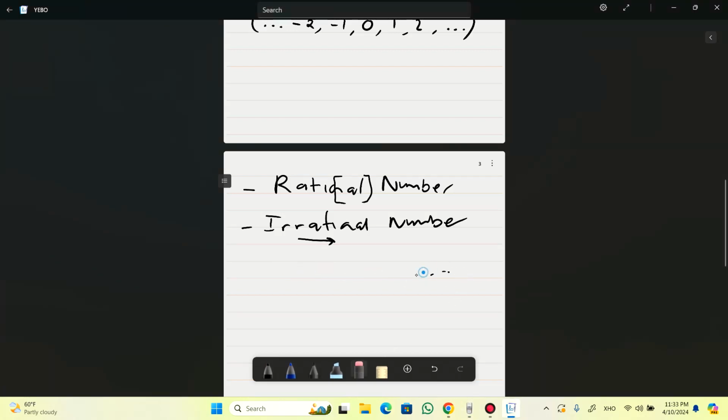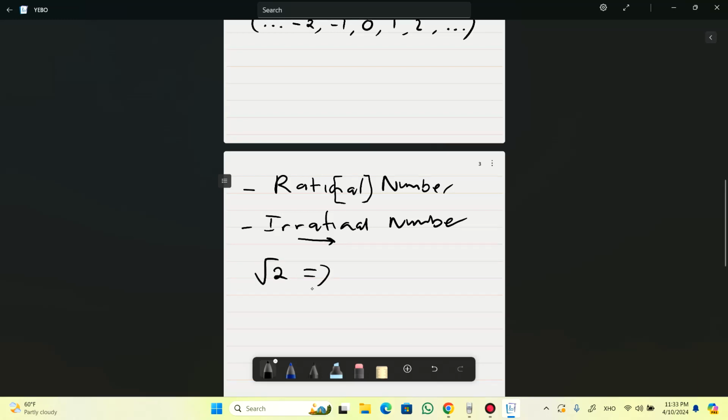If I were to change pi to a rational number, there's no way you can change pi to a rational number, and hence it is an irrational number, right? Now let us look at the square root of 2.